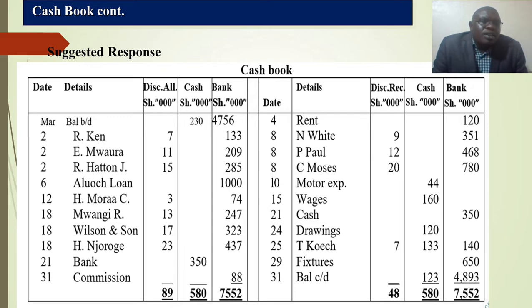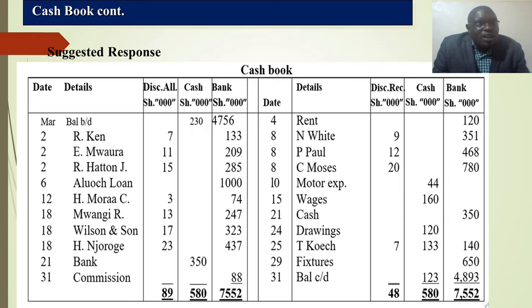So here the year is 2022, the month is March, and March 1st, balance brought down from the month of February is 230,000 shillings in cash and 4,756,000 Kenya shillings at the bank. So those are the balances which I brought down.